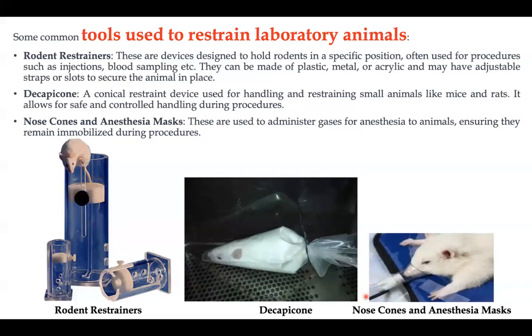So we use this kind of mask and provide the anesthetic agents slowly but continuously, so that the animal stays alive and stays unconscious as well. So this is what the nose cone and anesthesia mask is.